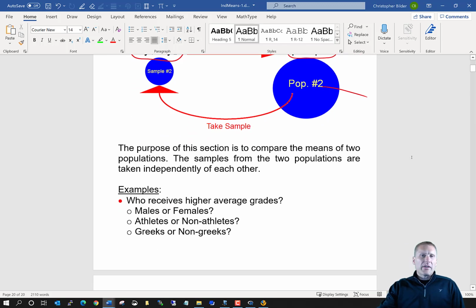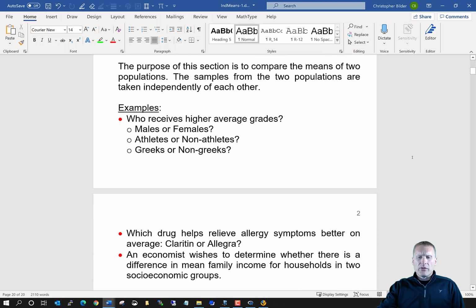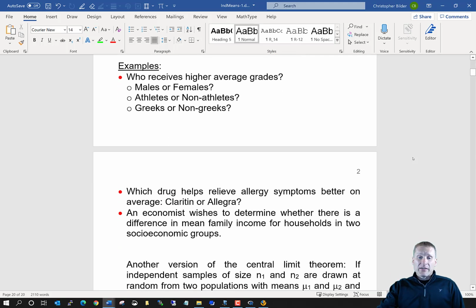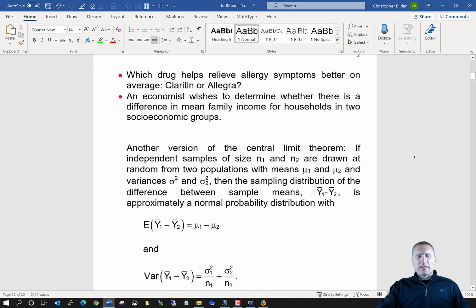Now, where would something like this be of interest, to compare two population means? Well, there are lots and lots of examples. Simply, if we think in terms of a university environment, who receives higher grades on average? Let's say athletes or non-athletes. But in the pharmaceutical industry, in terms of, let's say, comparing two pharmaceutical products, or in the development of a new pharmaceutical product, very often you're comparing the mean response for one to another.